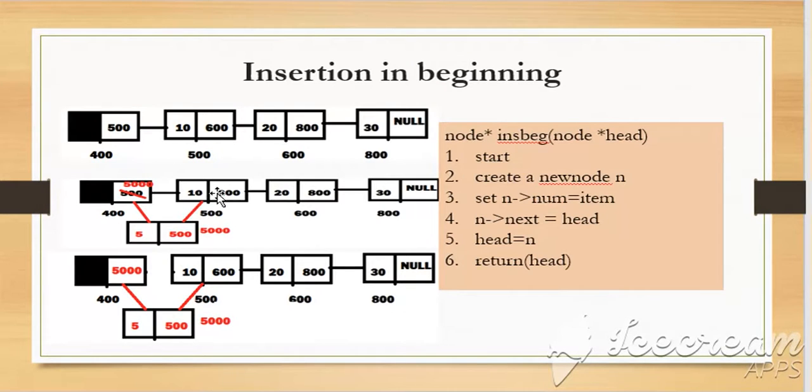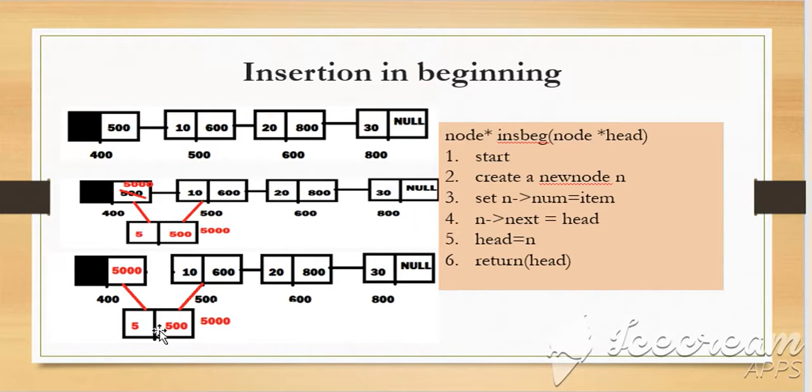That means the address of the existing first node is 500, and the head is now storing that address. And after inserting a new node at the beginning, the head should contain the address of the new node. So after insertion, the linked list will look like this. That means the linked list will have 4 nodes, and the first node will be the newly inserted node.